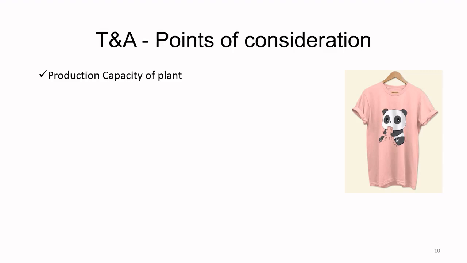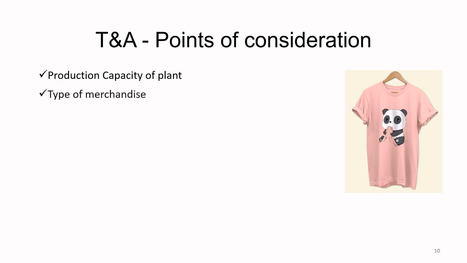The planning can be done only when it can be ascertained how many machines are available for this particular t-shirt and on which dates. And based on that, one can calculate how many days will be required to complete the production.